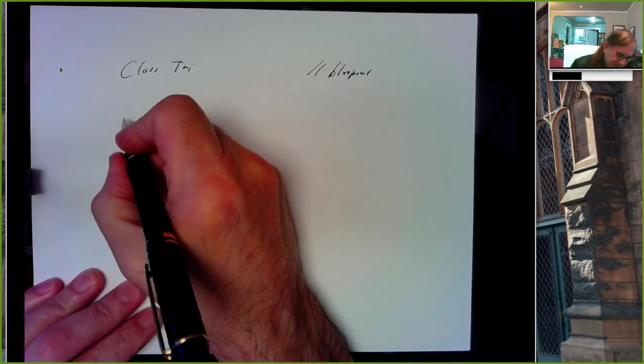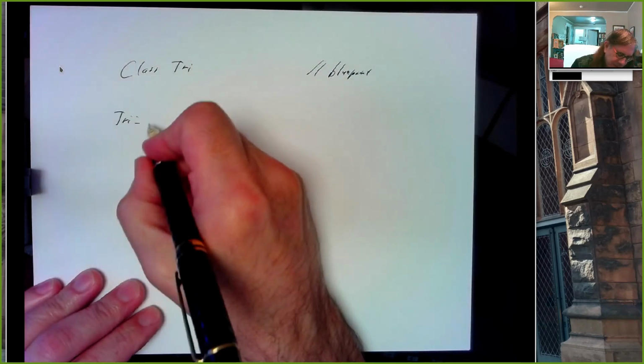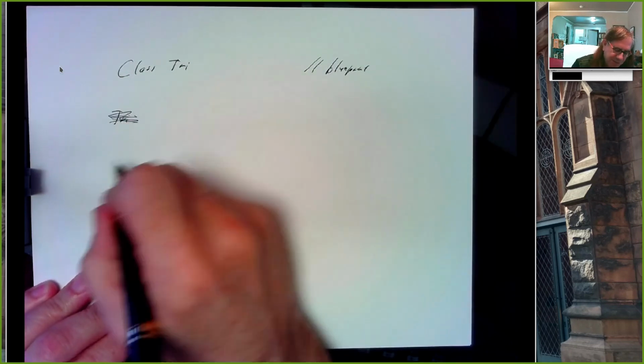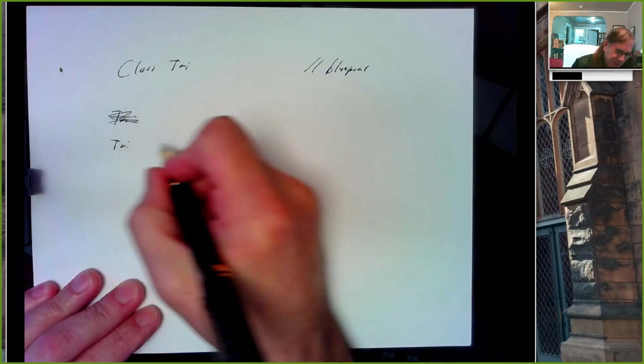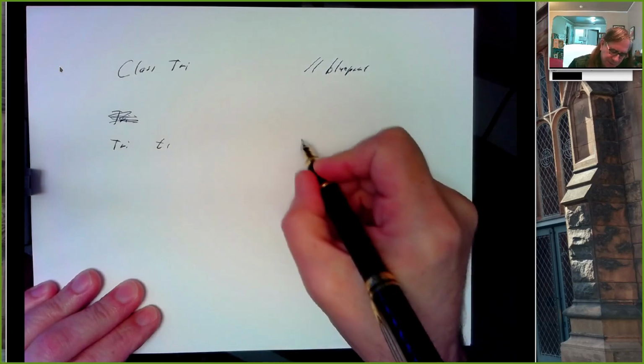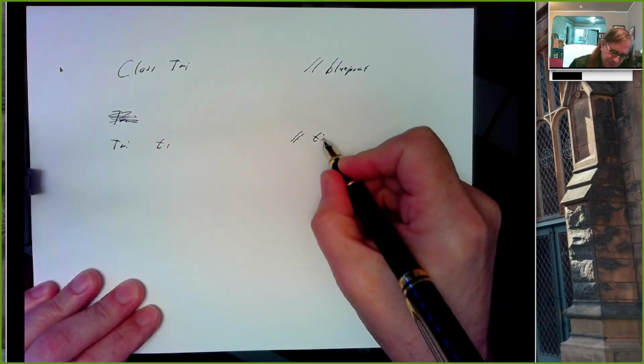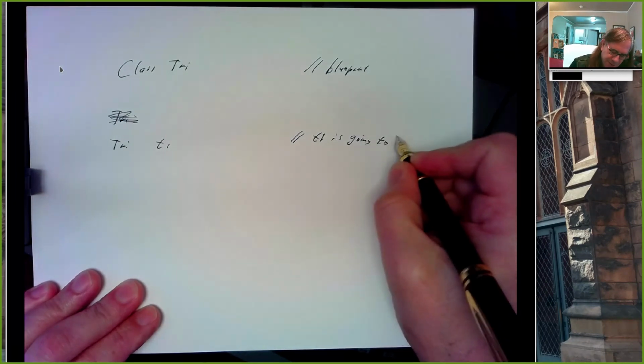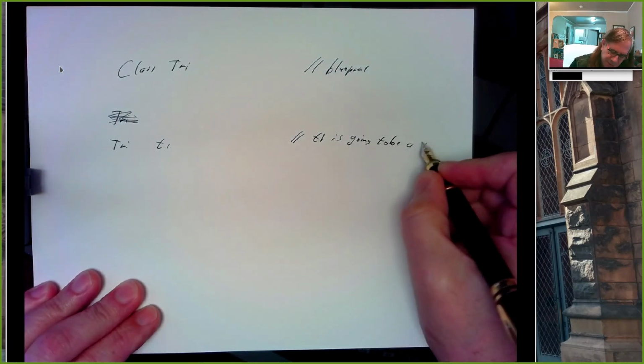Okay? When you say Tri, that's the blueprint. We can say Tri t1. t1 is going to be a Tri.